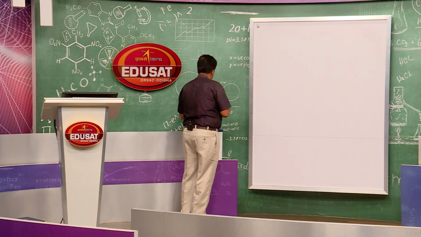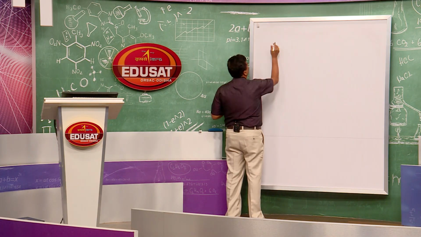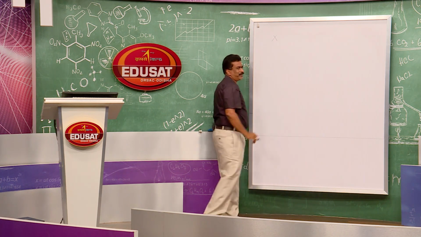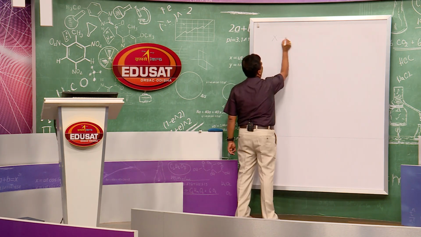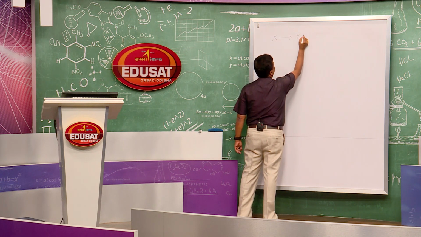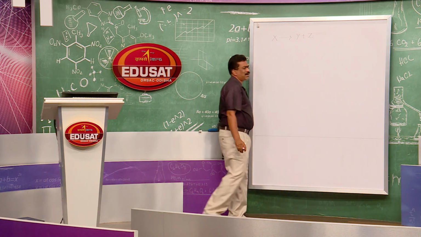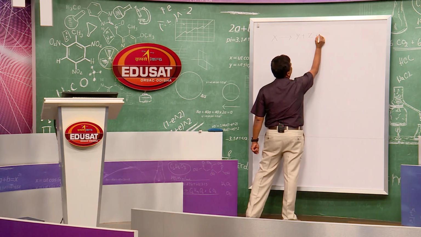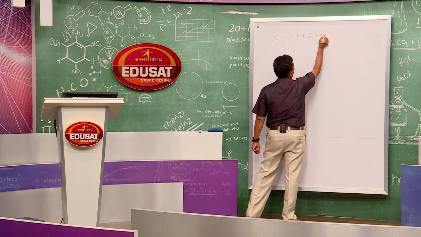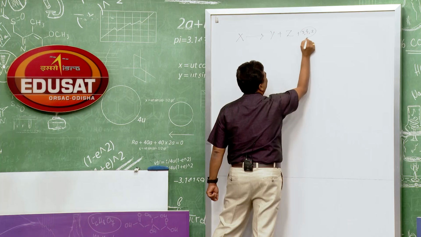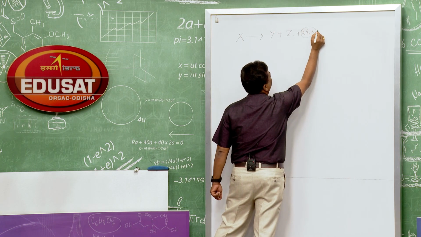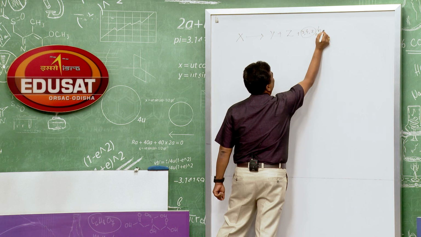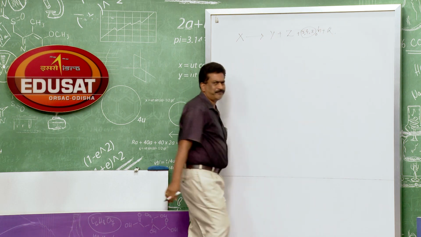So, if a heavy element X divides into two parts, Y and Z, with the liberation of 2, 3 or 4 neutrons, 0n1, with some energy.